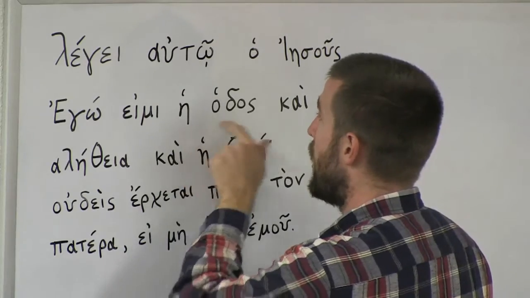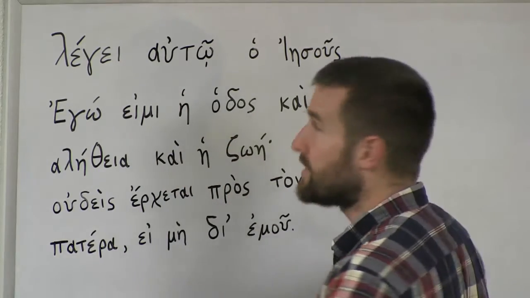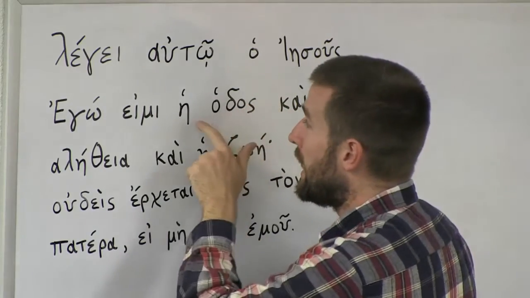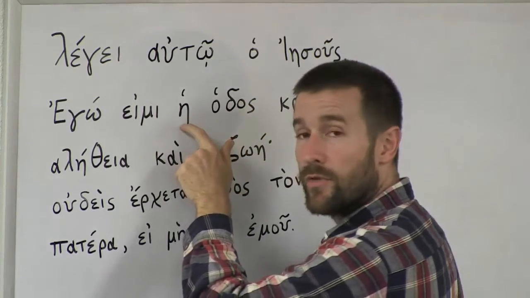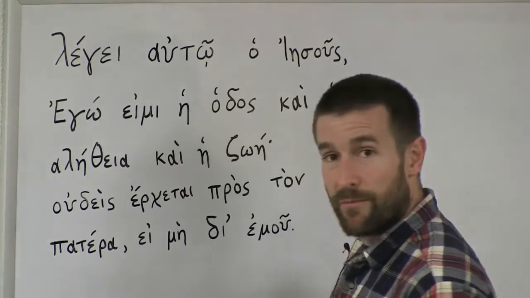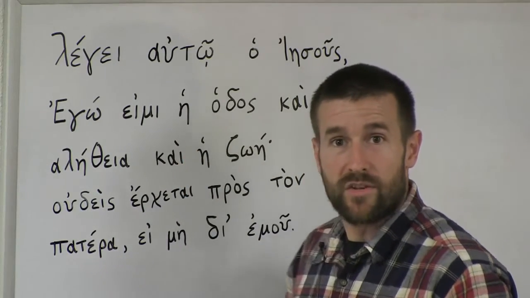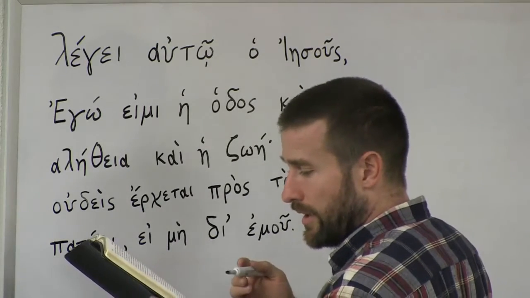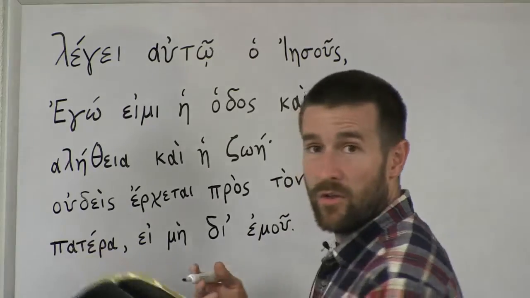odos, the way. Now, you'll notice that the word the up here in front of Jesus, o, and the word the over here in front of odos, which is e, that they're two different words, two different letters. Well, that's because in Greek there is gender, male, female, or neuter.